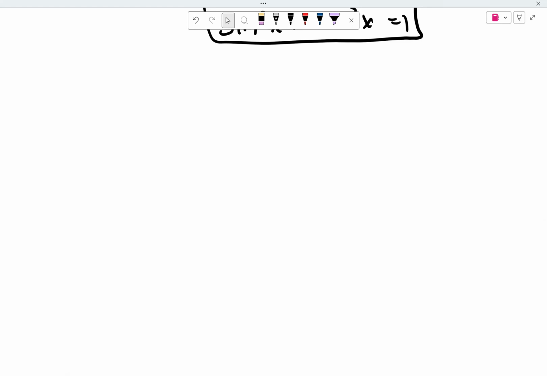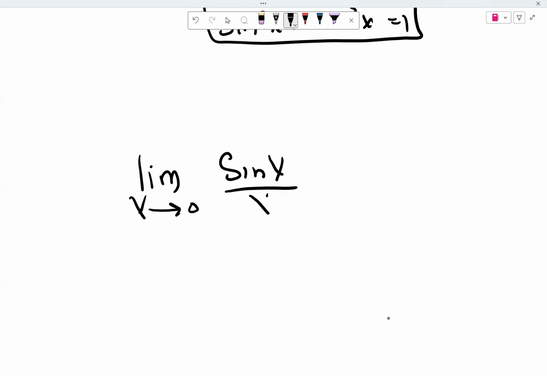So in example 1, they're starting with the fact that when you look at the limit as x approaches 0 of sine x over x, that limit is 1, and you saw why it is. When you look at the diagram, here's a quick little model.